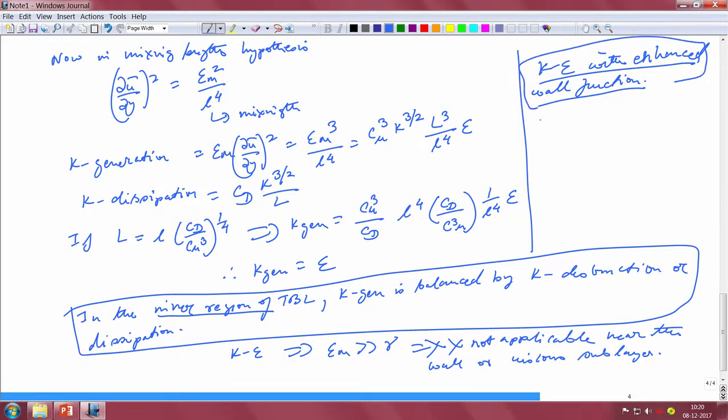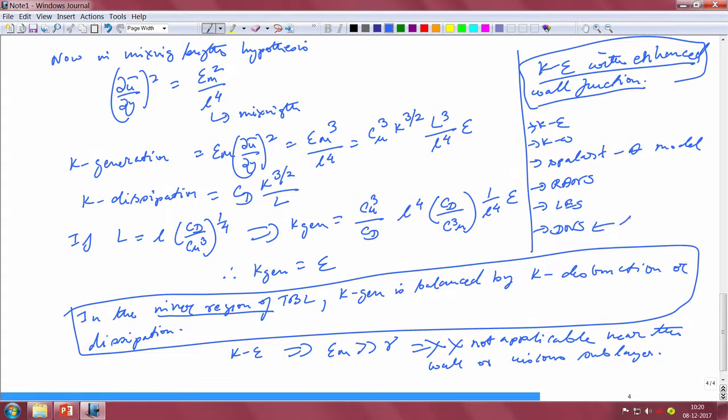So there will be lots of models: K epsilon, then K omega, the Spalart-Allmaras model, then of course the RANS set of models, which is 5 equation models essentially. Then you have the LES and the DNS.